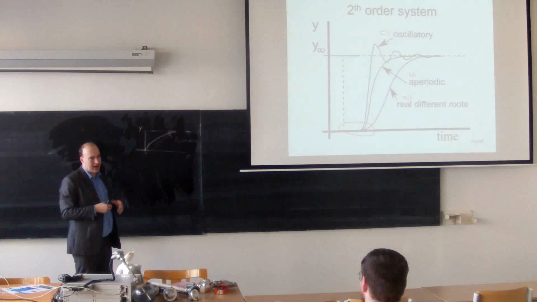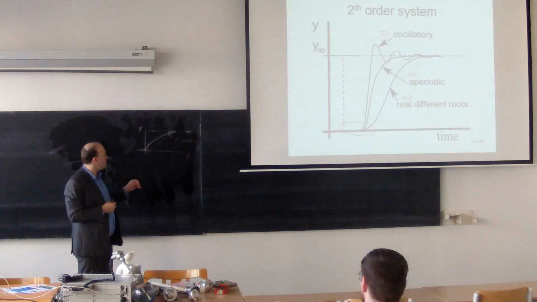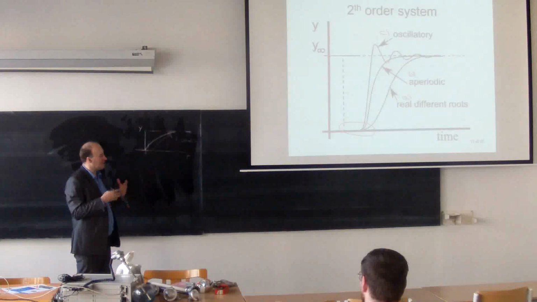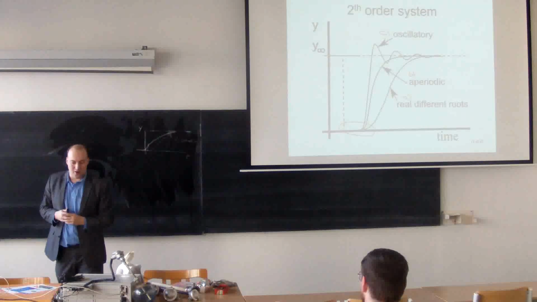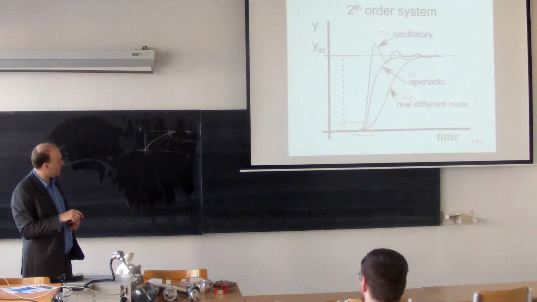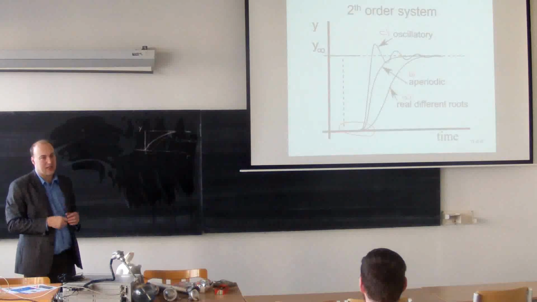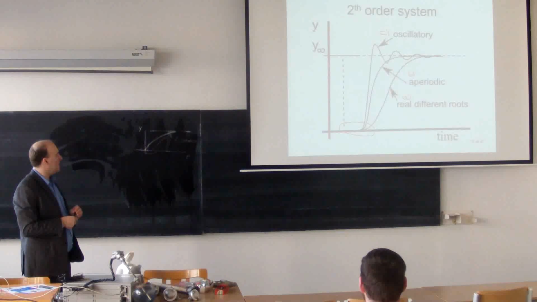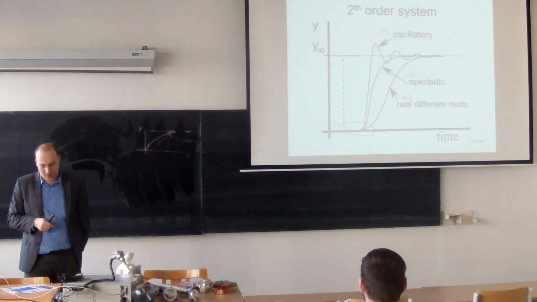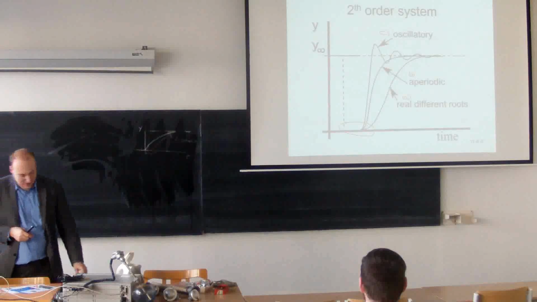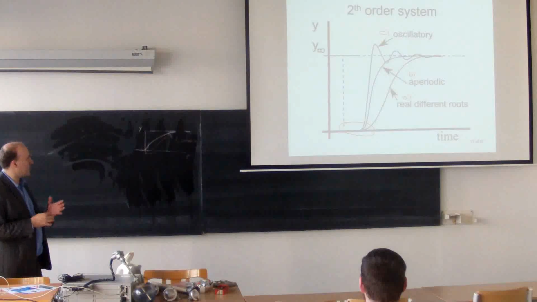But in order to simplify the analysis, we will assume that this is still a first order system. So this is a real simplification. On the measured data, you will see that it takes some time, then it reacts. So that's the transient response.